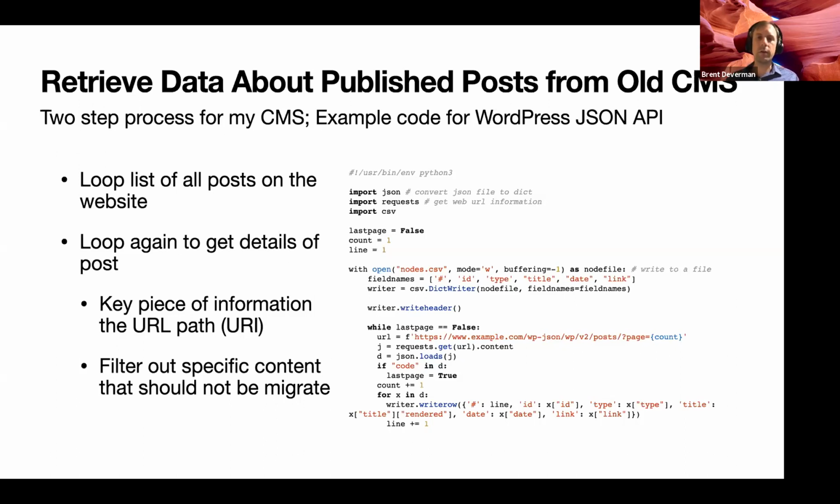So that was the first thing I did. Being able to do this through the JSON API, we imported the JSON library, the requests library, and the CSV library, made the request to WordPress, and then wrote it out in CSV format.